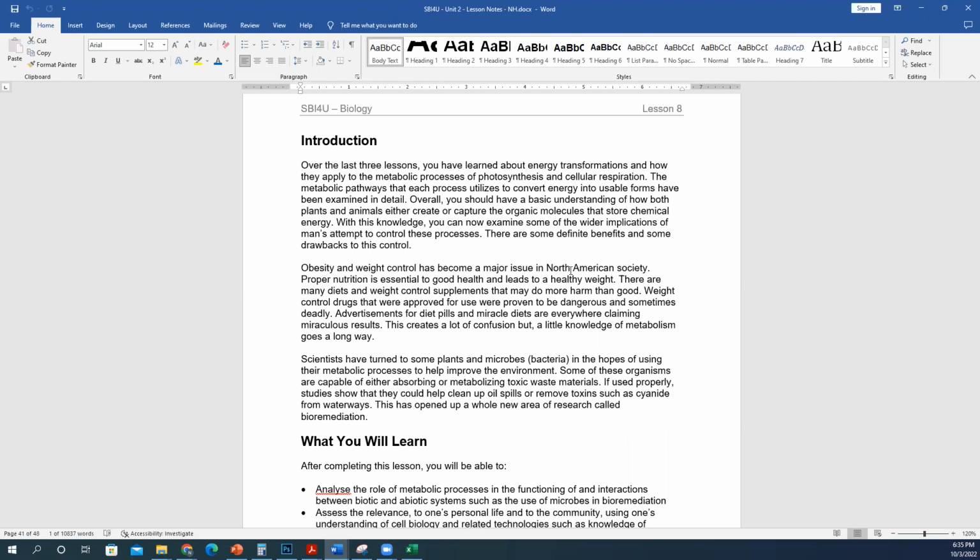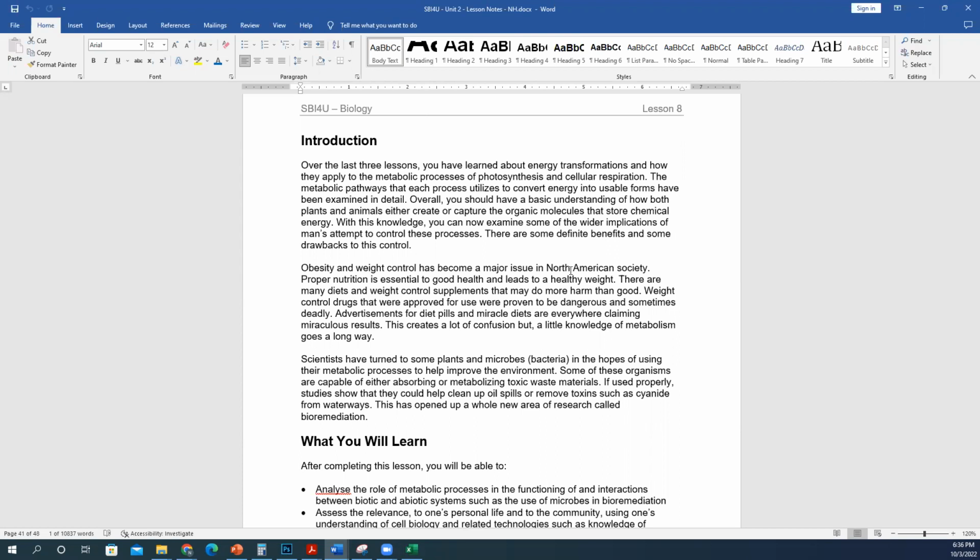And there have also been advertisements along the way for diet pills and miracle diets with claims of miraculous results. So this really understandably creates a lot of confusion, but armed with our knowledge of metabolism, we can start to sort of weed through all of this confusion because we understand all the detailed steps of cellular metabolism.